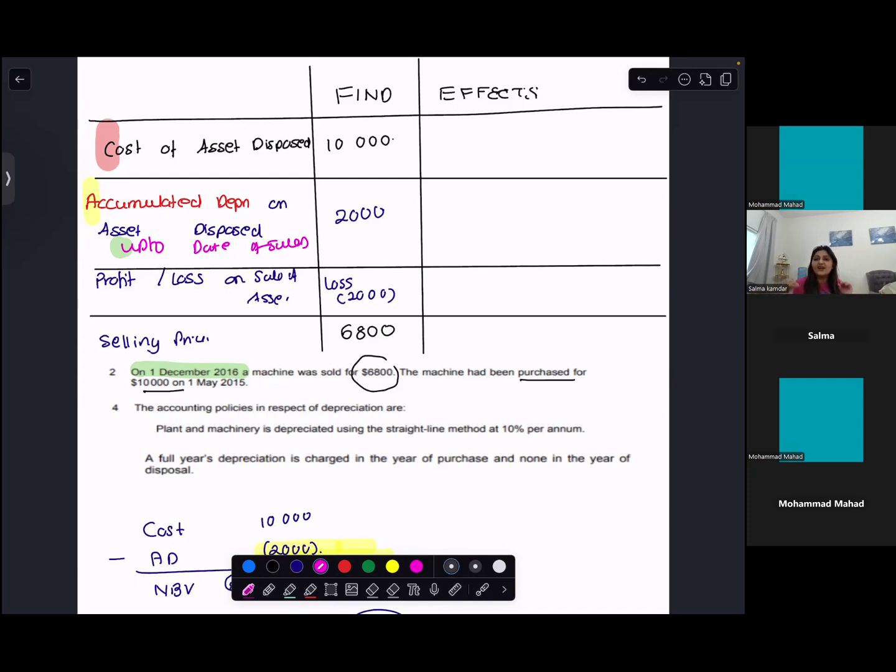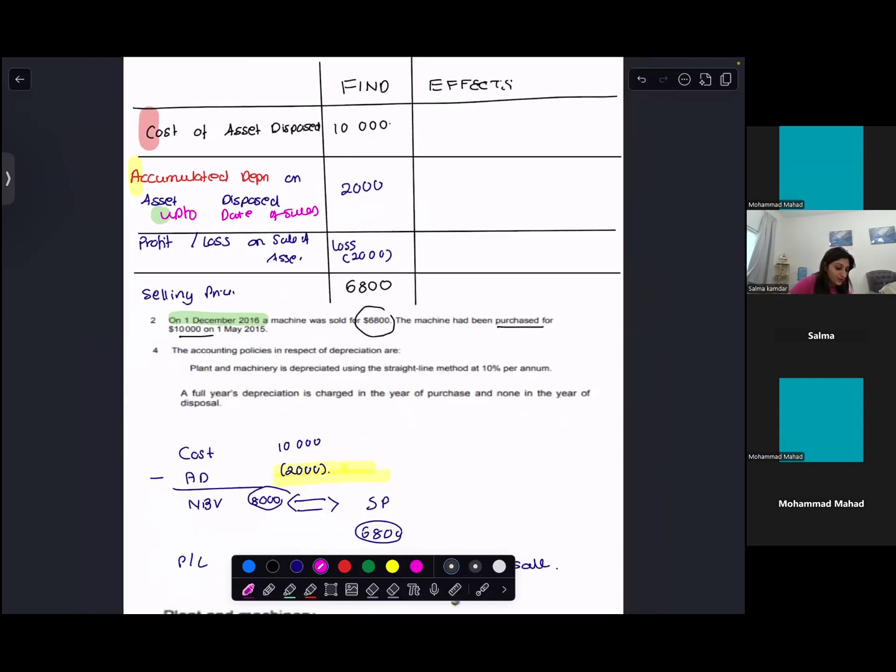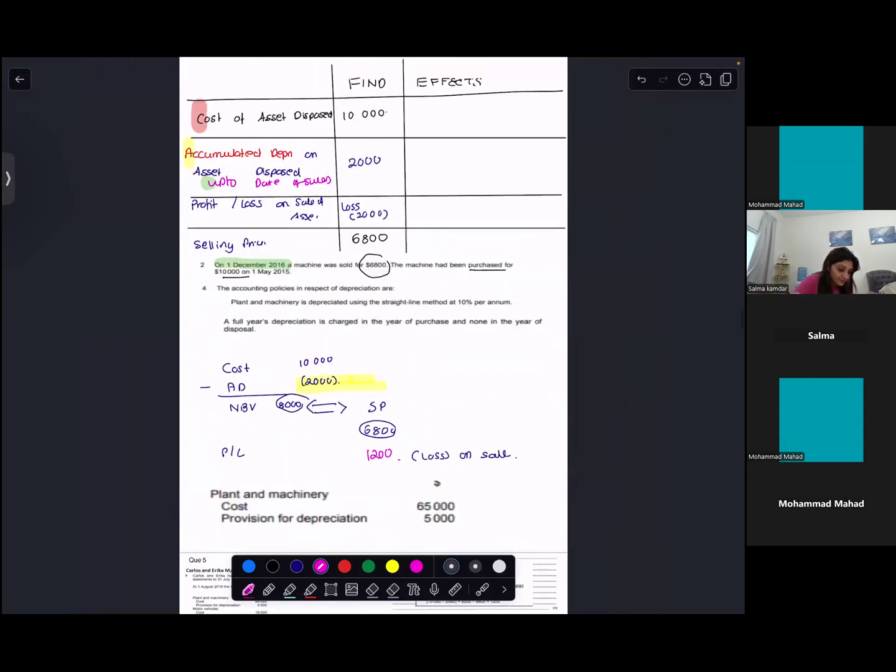After this, you have to give effects in your statement of the things that you have found out. So what are the effects? Remove cost from cost, so that you get remaining assets.